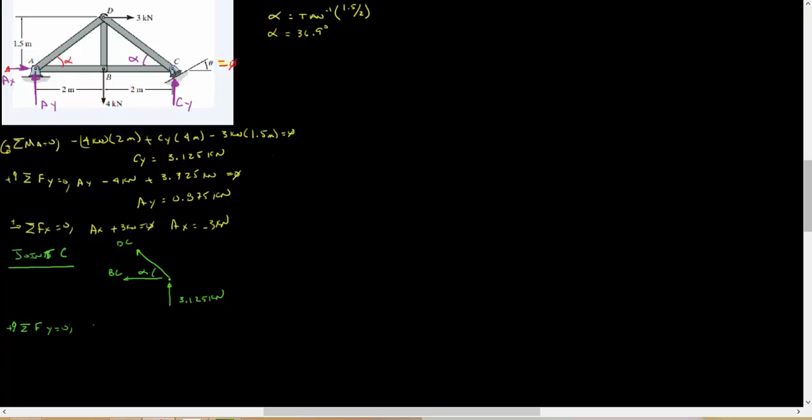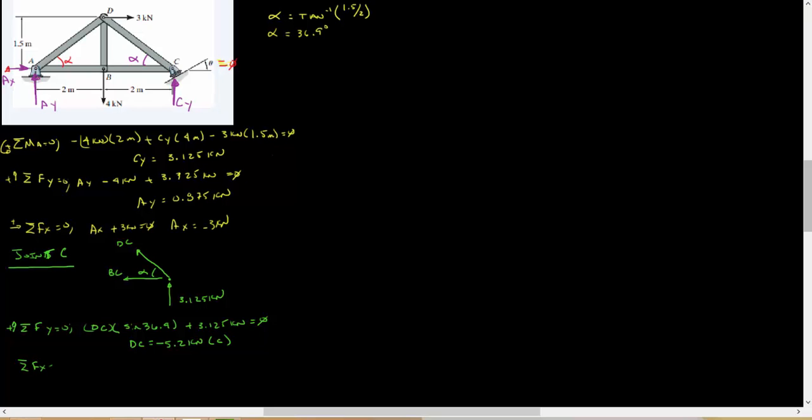So I get that DC times the sine of 36.9 plus 3.125 kilonewtons is all equal to 0. Using my algebra skills, I get 5.2 kilonewtons, which is negative, which means it's in compression.